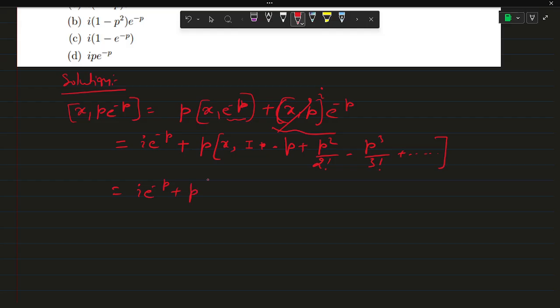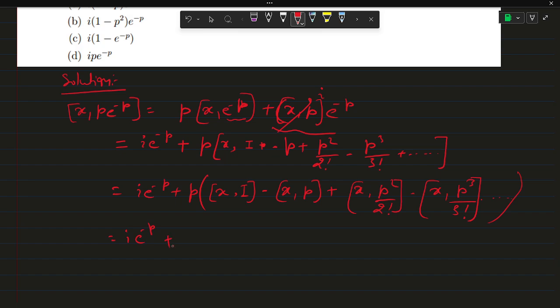Now it can be written as x I minus x p plus x p square by 2 factorial minus x p cube by 3 factorial, and so on. Now again, this is 0. Commutation of any operator with identity will give 0.